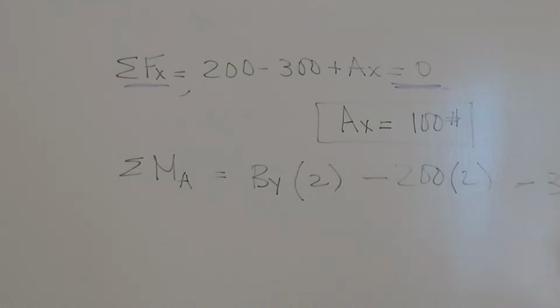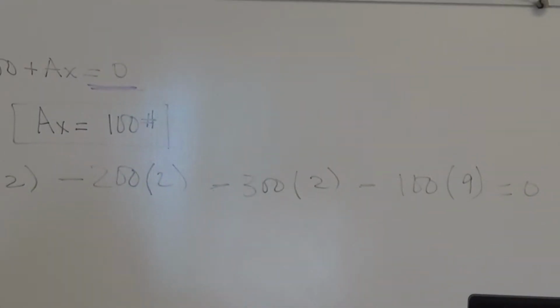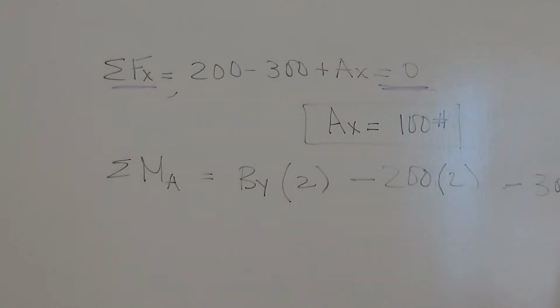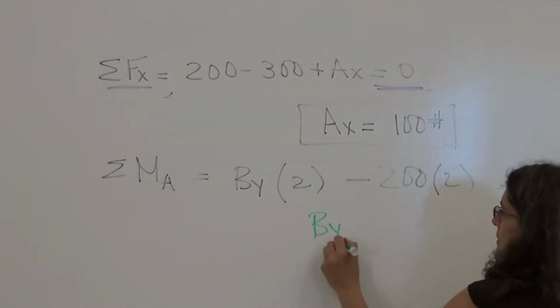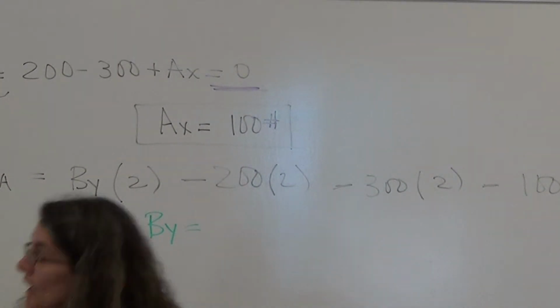And 100 times 9, positive or negative? Negative. Equals 0. BY is, I got 950.